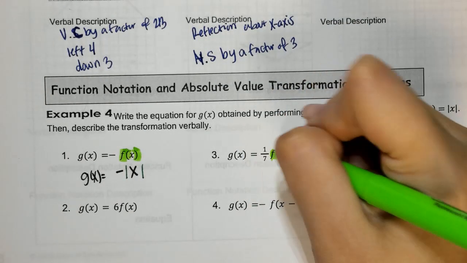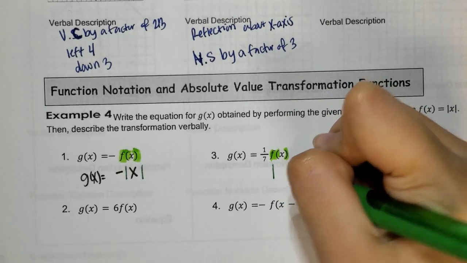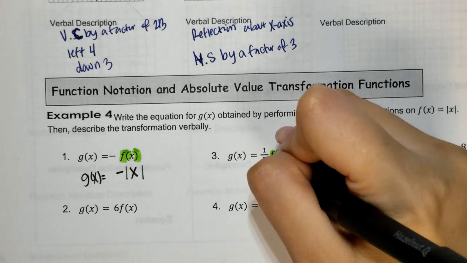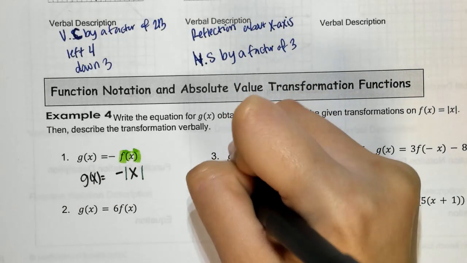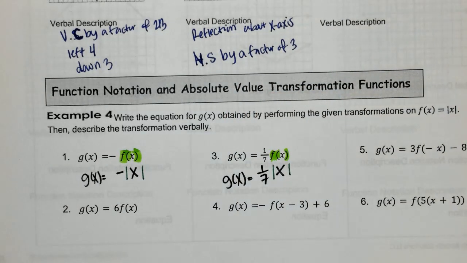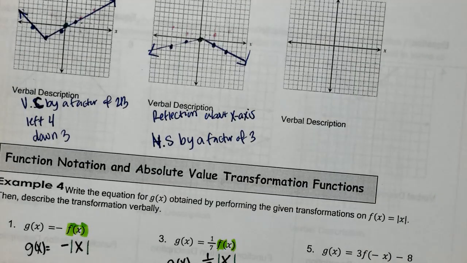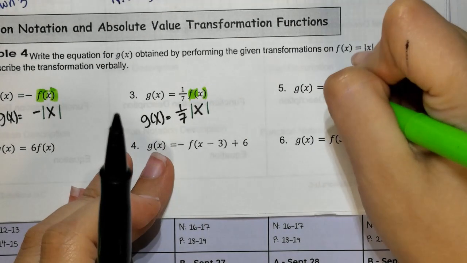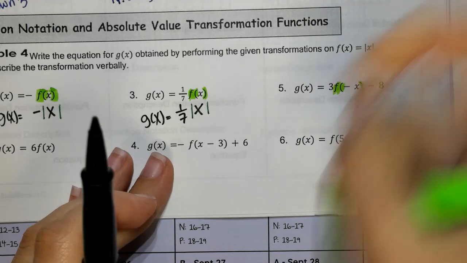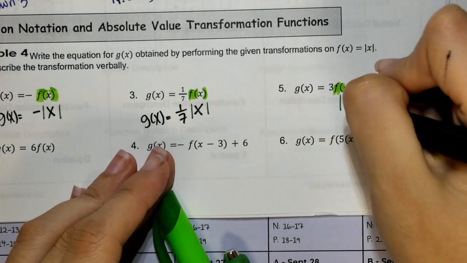My f parentheses, these will change into absolute value bars, and everything else will stay the same. Hopefully you get the idea. The f and the parentheses will become my absolute value bars, and everything else will stay the same.